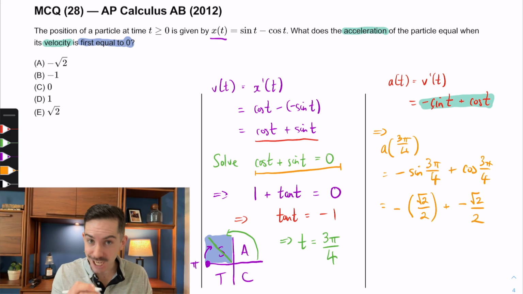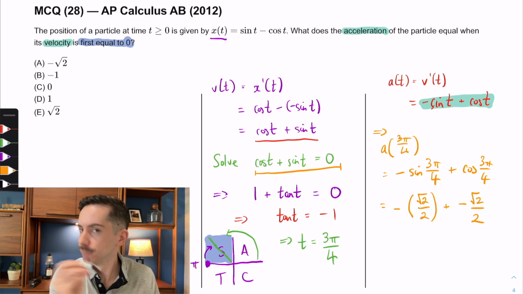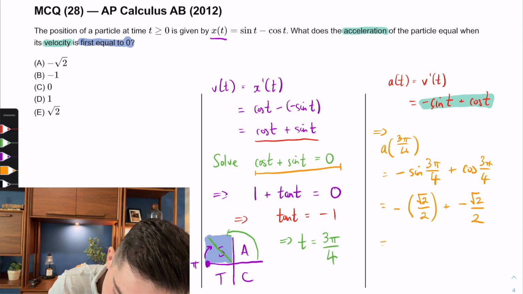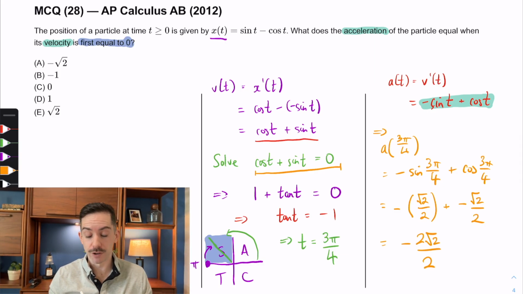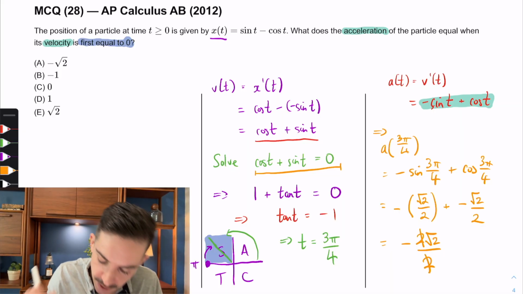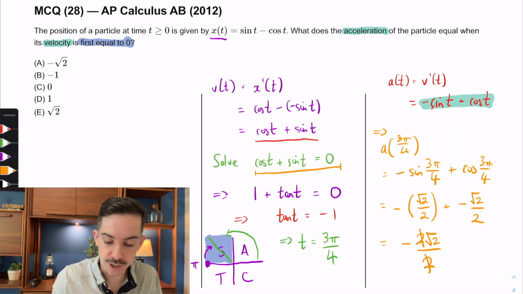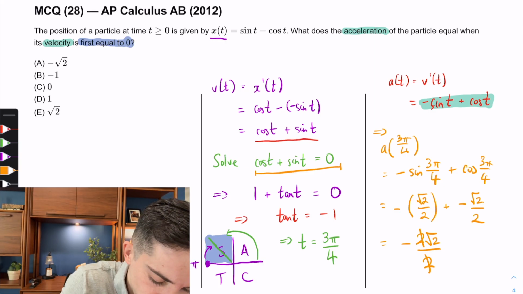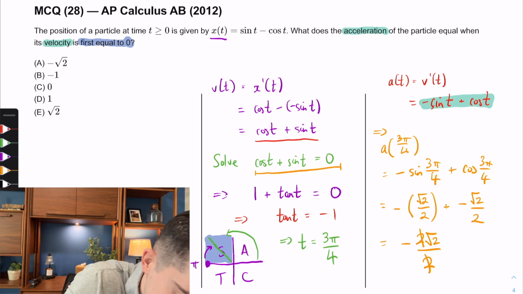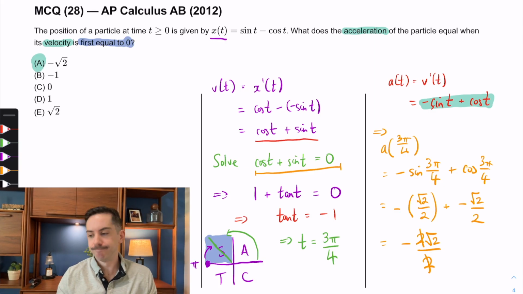Again, because I'm in that second quadrant, sine is positive in the second quadrant, cosine is not. If I gather these terms, I've got 2 copies of negative root 2 over 2. Those 2's will cancel and tell me my final answer is negative square root 2. Is that one of my answers? Thank goodness it is indeed. It is answer A. Lot of A's today.